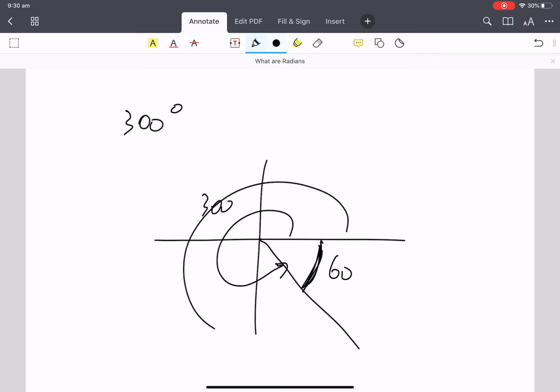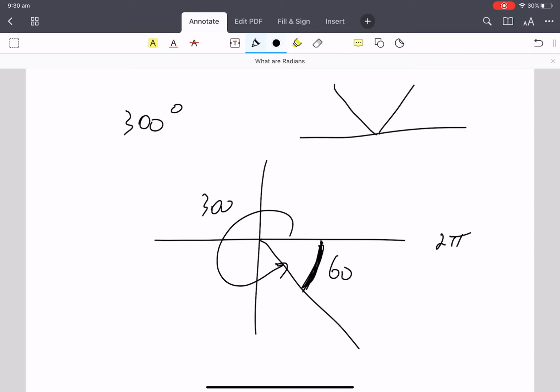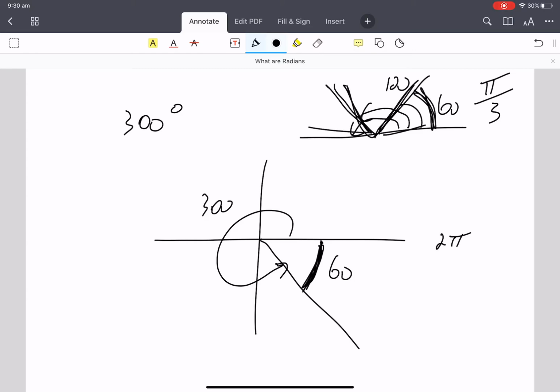So if I went all the way around, that would be 2 pi, but these 60s cut 180, there's my 60, there's my 120, and then there's my 180. So each one of those is my pi on 3 because there are 3 pieces of pizza there.